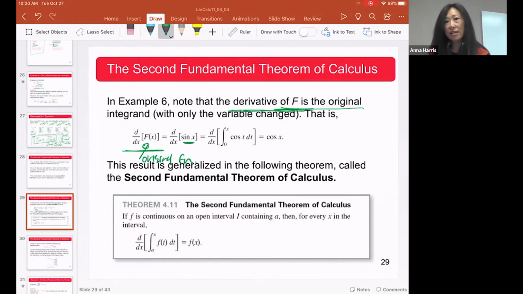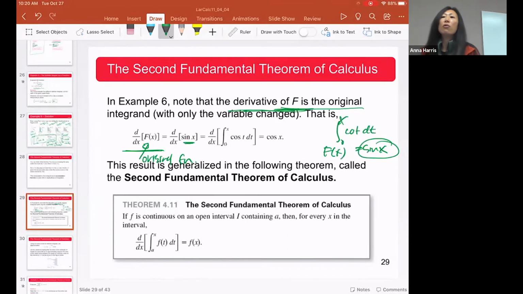Remember that when you take the derivative of the integral of cosine t dt from 0 to x, you find sine x. So sine x I will call the original function, and for the original function you usually use a capital letter. Now we're not just doing a derivative, but also an integration, so we're trying to distinguish between the regular f prime and the original function.